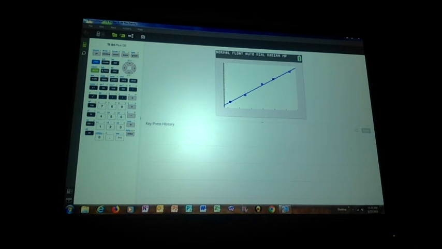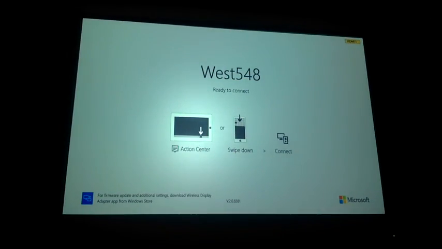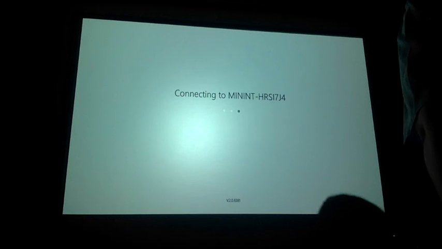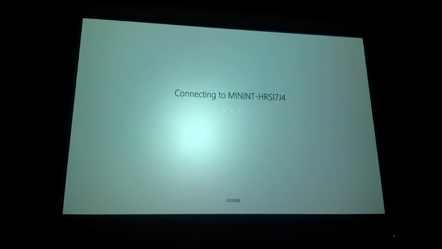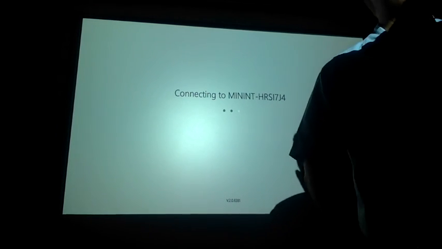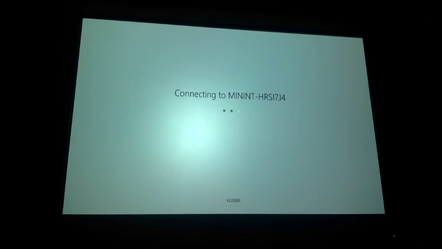So the first one, we don't need to use the graphing calculator at all. I'm just going to connect here. All right, it's a negative slope. Agreed?